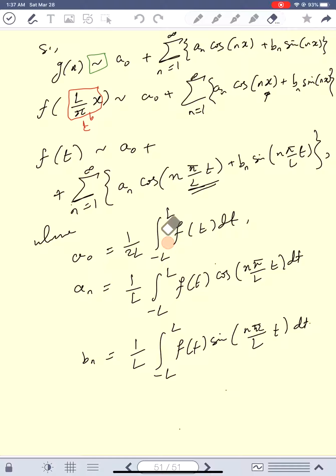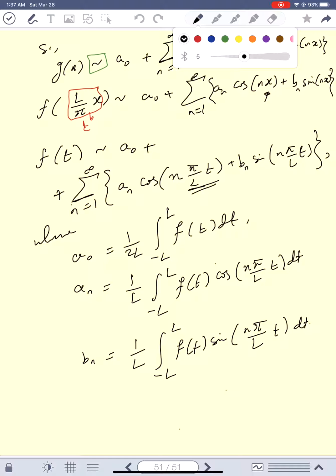So this is the Fourier series of the function f when it has the period 2L. Again, it's very similar to the Fourier series when the function has period 2 pi. We obtained it from that case, so it's very easy to memorize. There's no big difference.